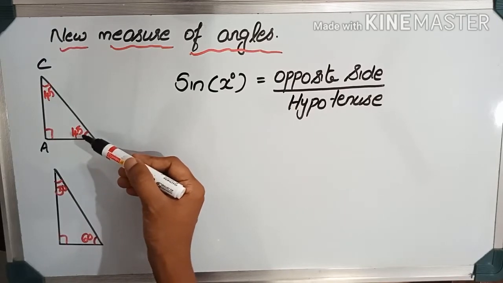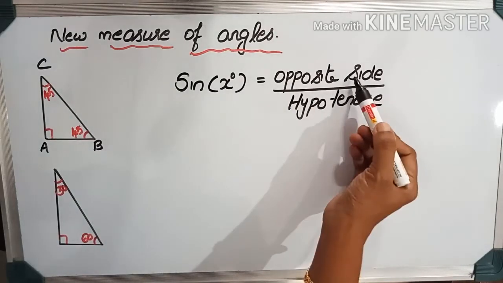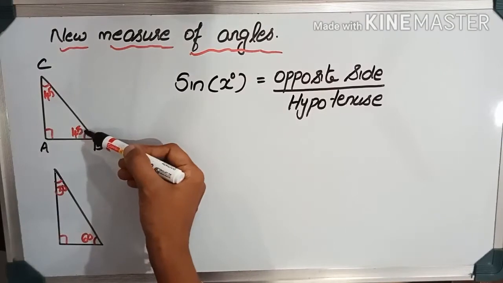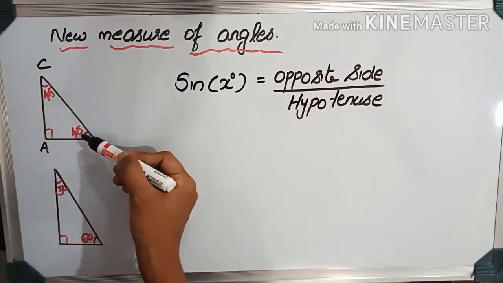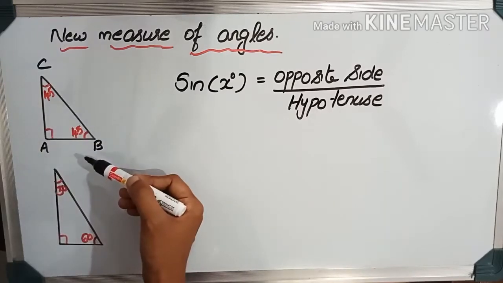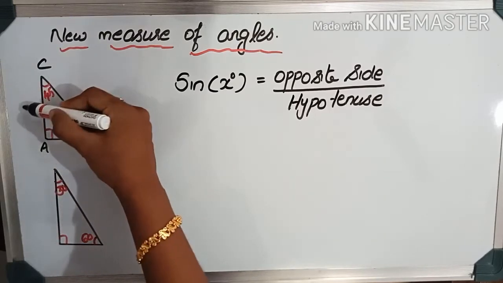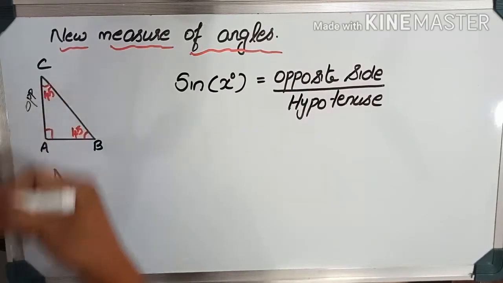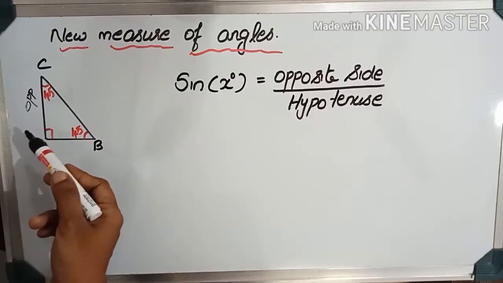First one is the opposite side, just opposite of this angle. For 45 degrees, just opposite is AC. This is the opposite side.